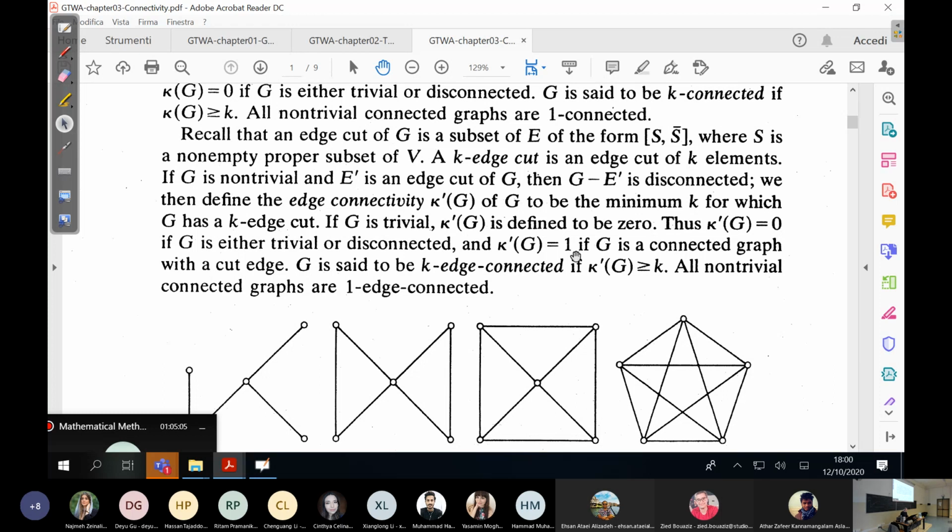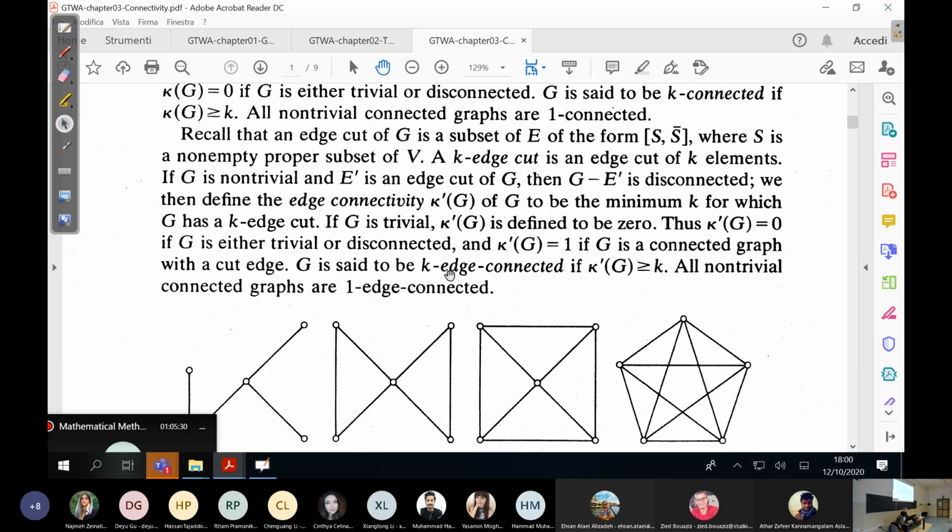And kappa prime of G equals exactly 1 if G is a connected graph having a cut edge. Because the set containing just a cut edge, if a cut edge exists, is by itself an edge cut. Okay?